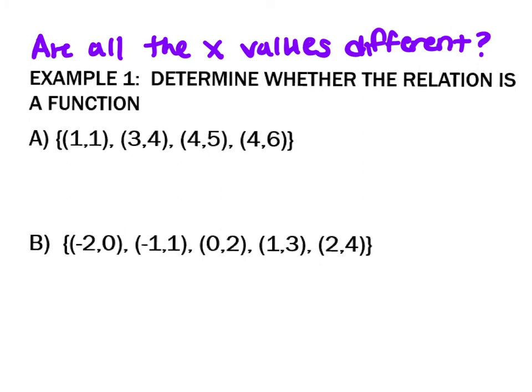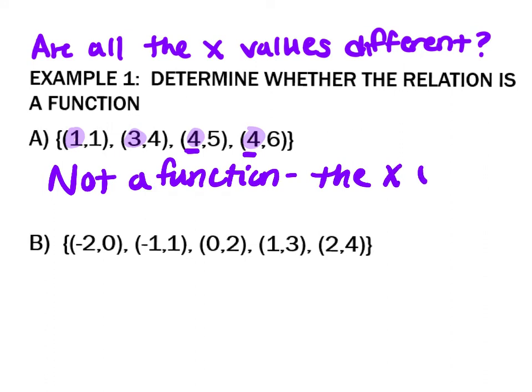So if I look, my x values here are 1, 3, 4, and 4. And what we should notice is that this value of 4 is repeated. So your answer would be not a function.